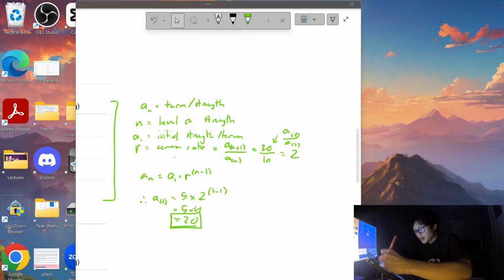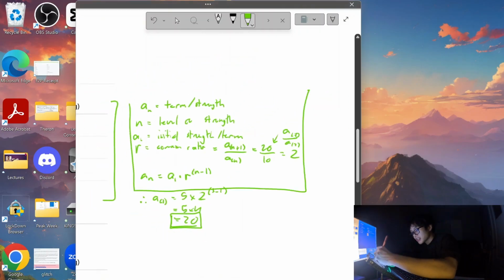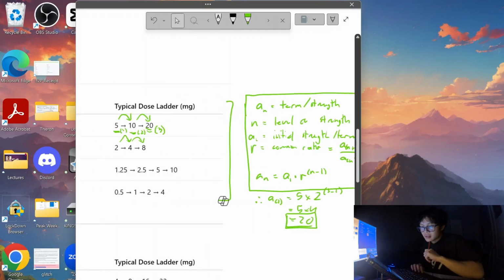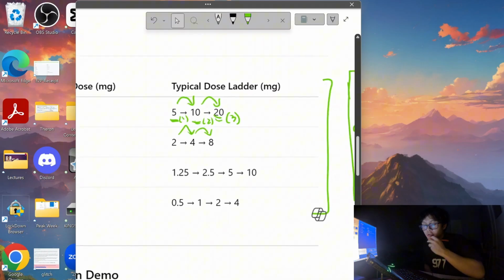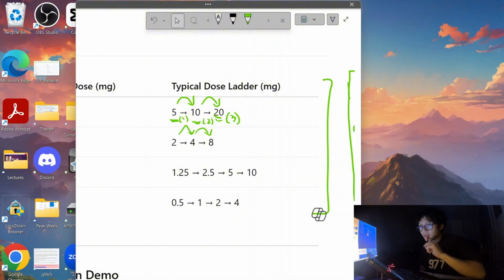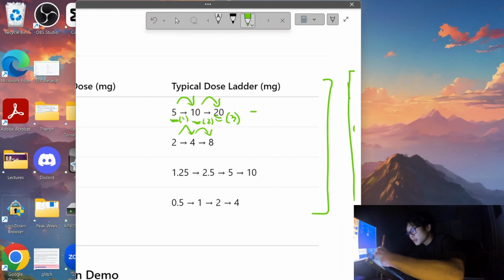I'm not telling you to memorize all this math. That's not the main point of this exercise. The main point of what I'm trying to say here is that the strengths of most drugs follow a geometric sequence where the common ratio is usually 2.